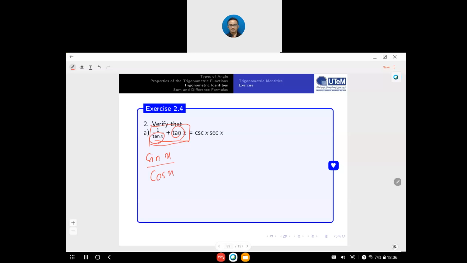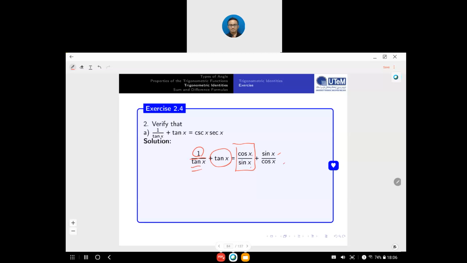So how do we get it? This one becomes cos x over sine x. Why cos x over sine x? Because this one is 1 over tangent, so it will be inverted. So 1 over tangent equal to cos x over sin x. And then tangent x is sin x over cos x.